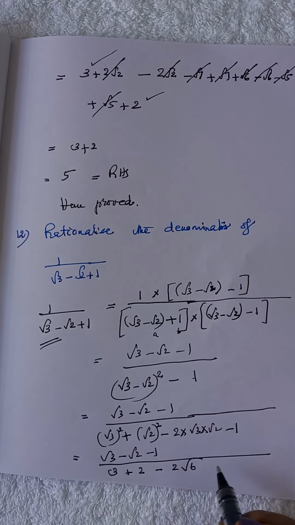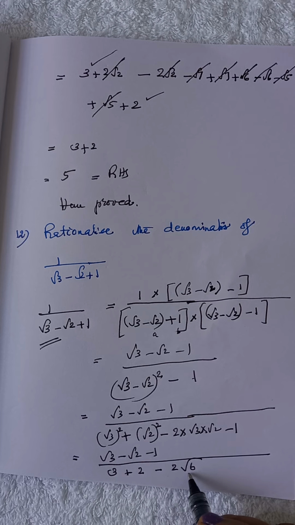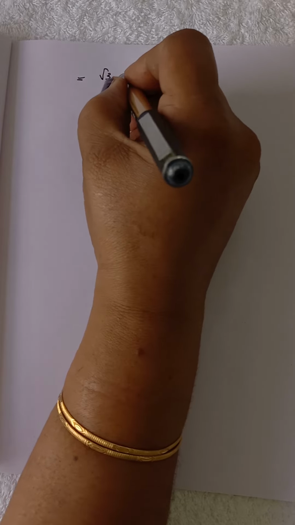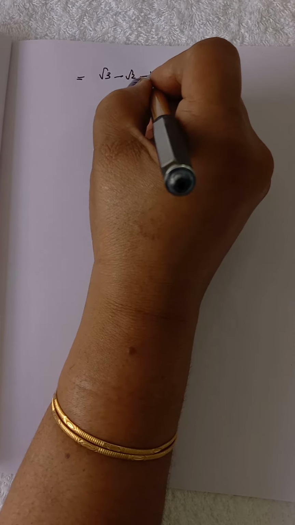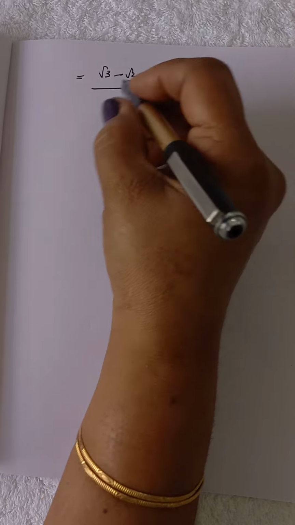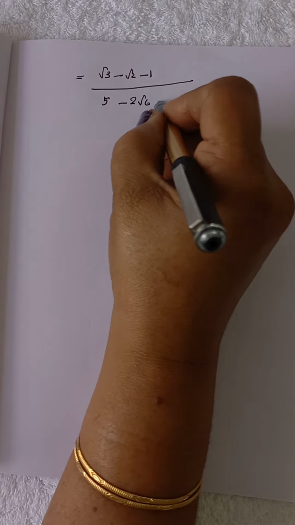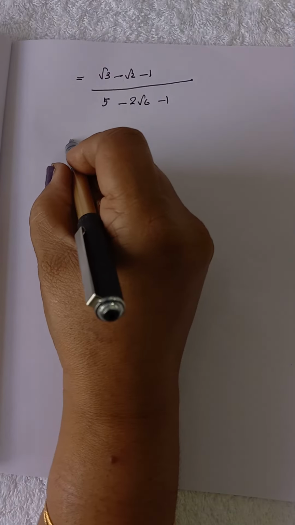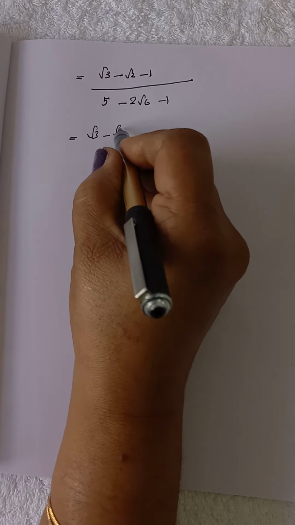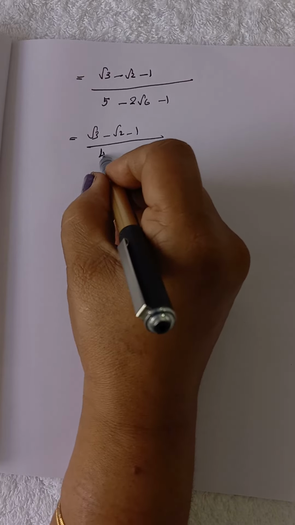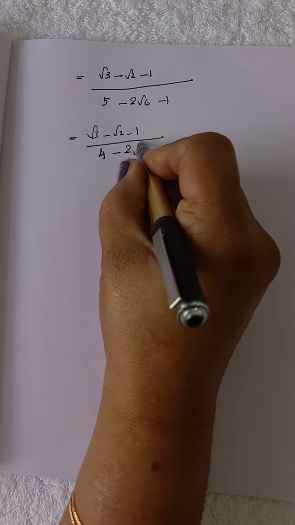Root 3 into root 2 is root 6. So minus 1. Then that is equal to root 3 minus root 2 minus 1 divided by 3 plus 2, that is 5, minus 2 root 6 minus 1 is there. So that is equal to root 3 minus root 2 minus 1 divided by 5 minus 1, that is 4. So 4 minus 2 root 6.